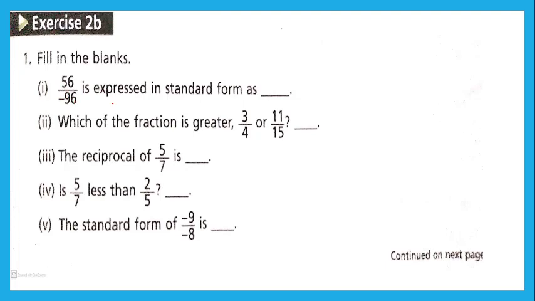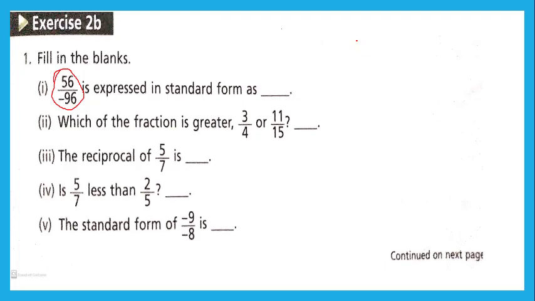So for any fraction to be expressed in a standard form, there have to be two requirements met. The first requirement is that the fraction should be simplified. The numerator and denominator should be simplified. By simplification, I mean that if you can simplify numerator and denominator with a single factor or with a single table.